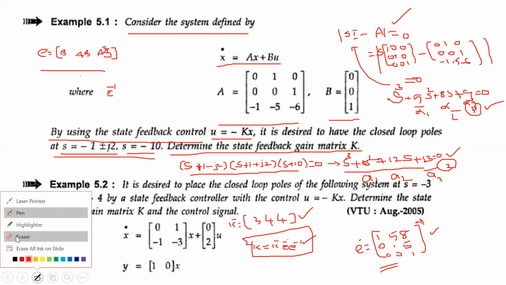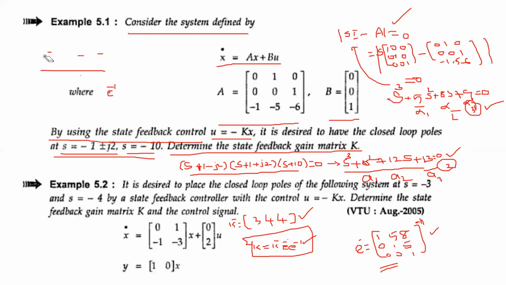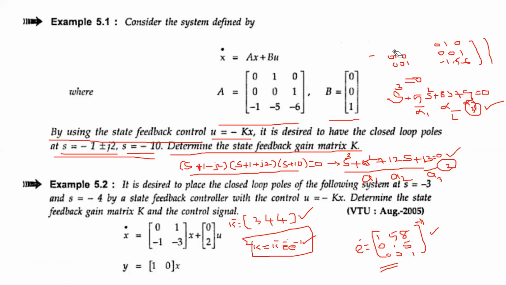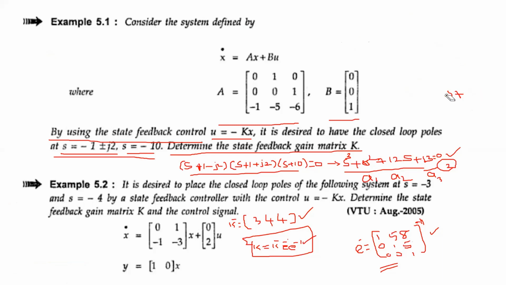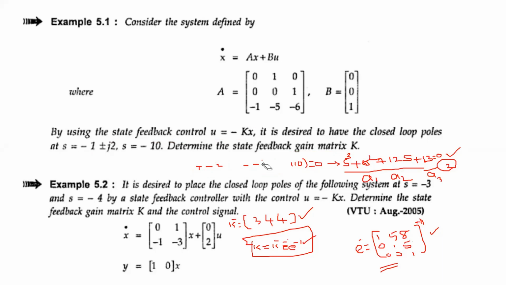Go through the Nagrath Kothari textbook or any other textbook. You have 3 methods. The first method is the Bass-Gura method that I have explained now. The second method I will explain in the next class. That's the direct substitution method. This Bass-Gura method is applicable to all systems, even when the order is more than 3.